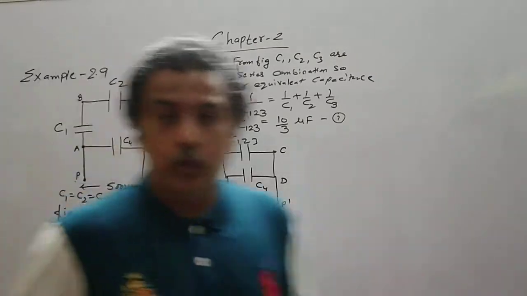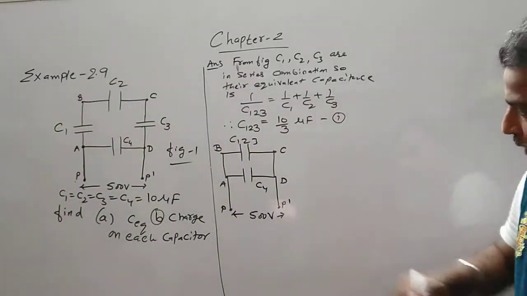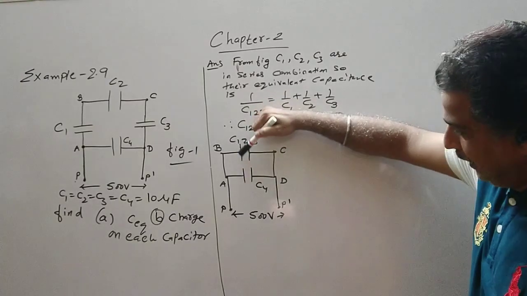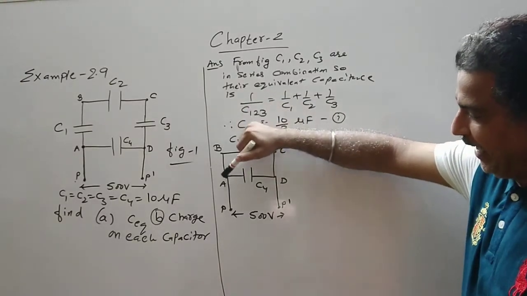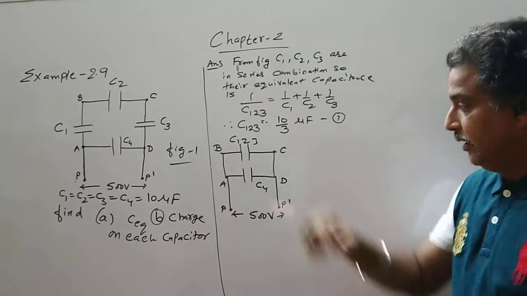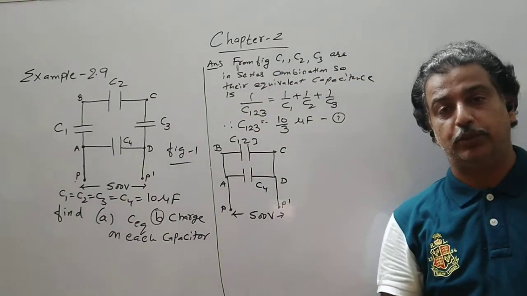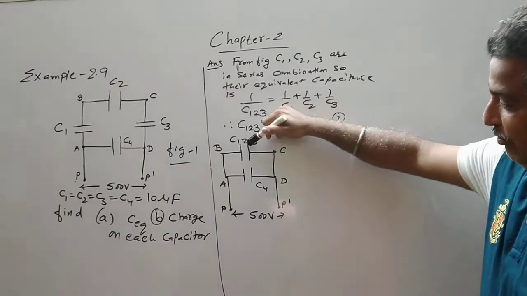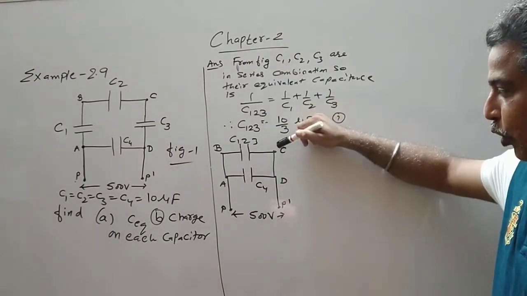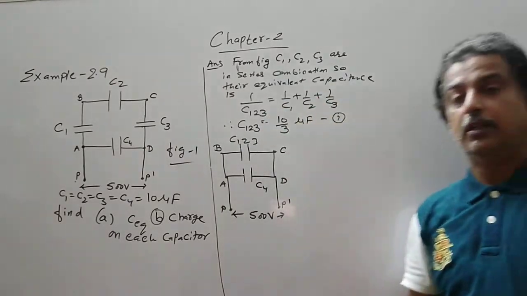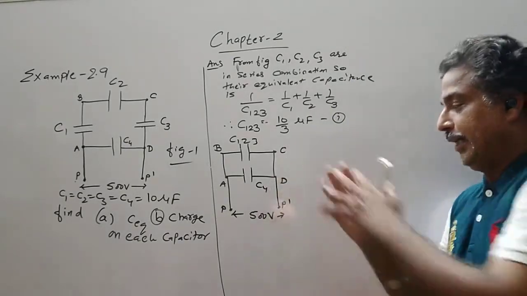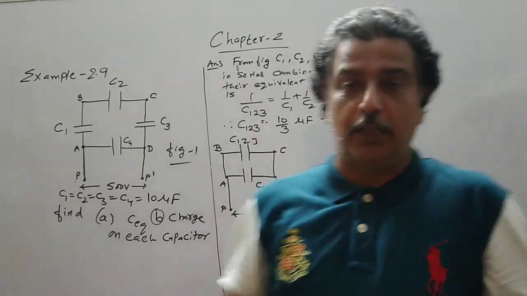Now clearly both these plates have a common point B, A or P, that is they are at a positive potential, or the plates are positive, and the other plate of both the capacitors also has a same common point C, D, P dash. From the diagram also you can say they are in a parallel combination.